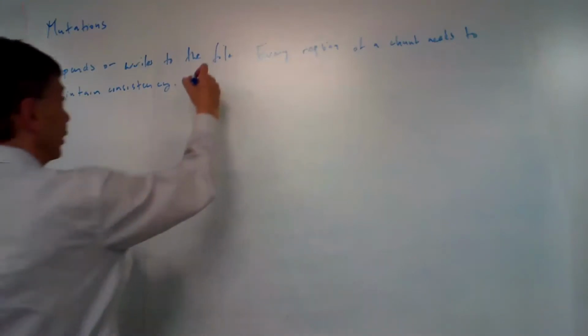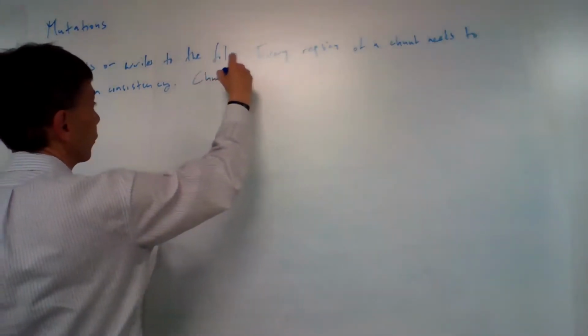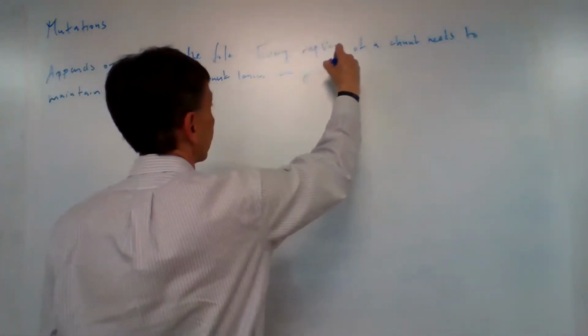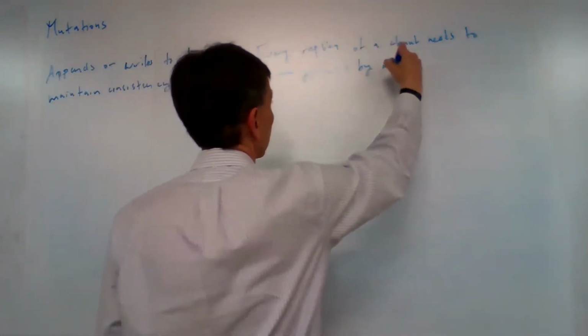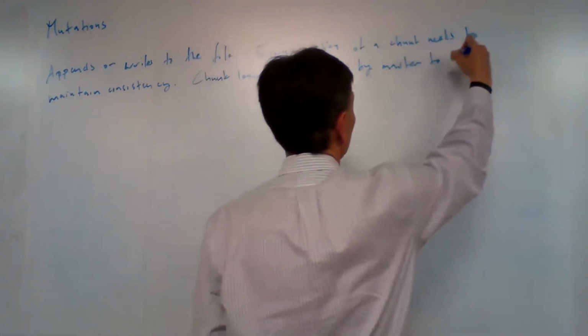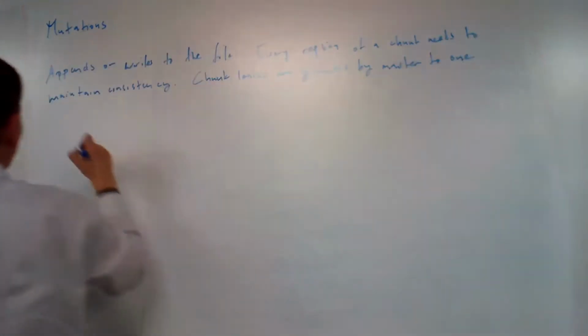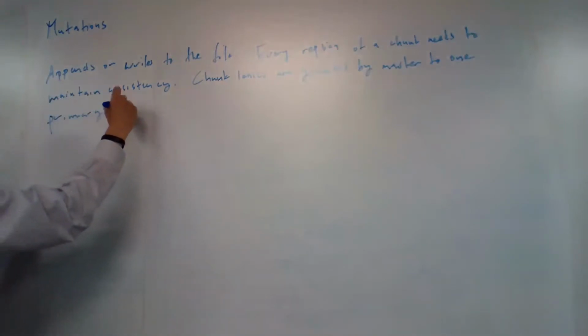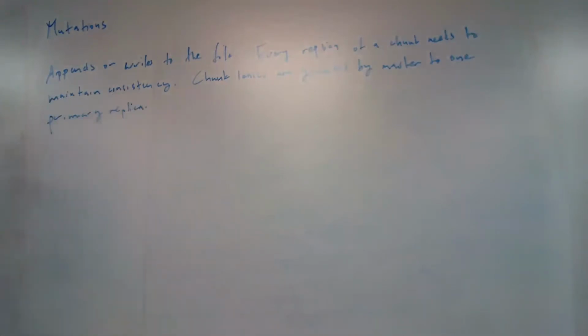So we have this idea of chunk leases. I think we talked about this yesterday. A chunk lease is granted by the master to one primary replica.